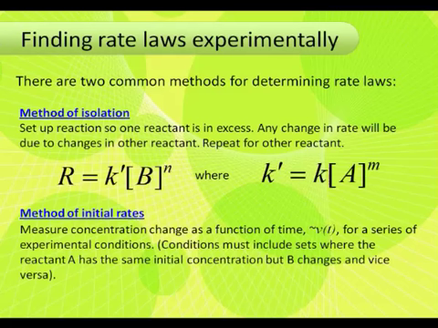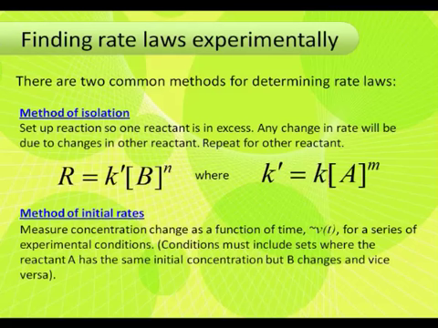Let's go for finding rate laws by experiment. Two common methods for determining rate laws. First is the method of isolation. We set up the reaction so that one reactant is in excess. Any change in rate will be due to a change in the other reactant.